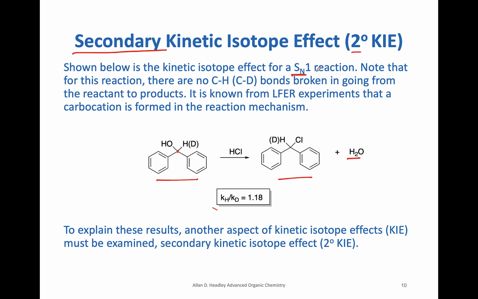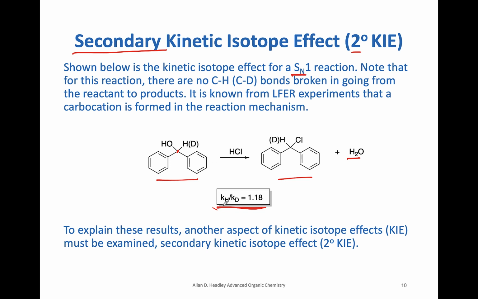But let's see if we can use this isotope effect measurement here to determine what the mechanism is. So here we have a CH. In the first experiment, you can imagine the experimentalist made this molecule with CH, measured the rate, then went back and made the molecule with CD and measured the rate.